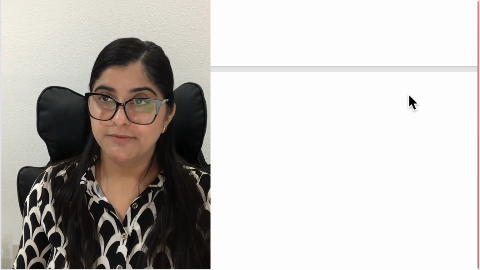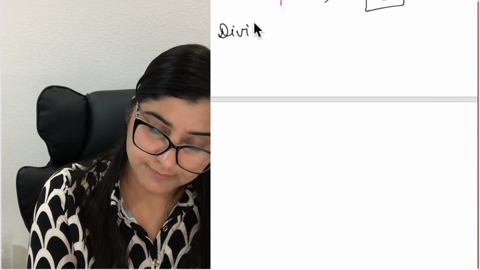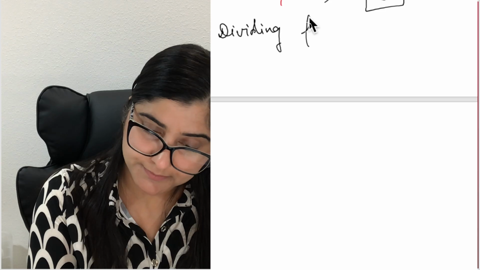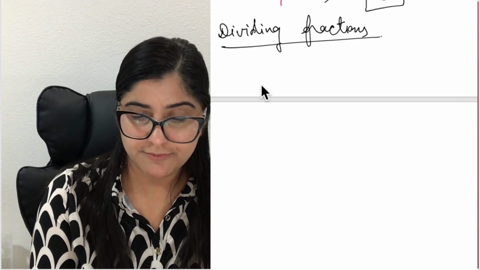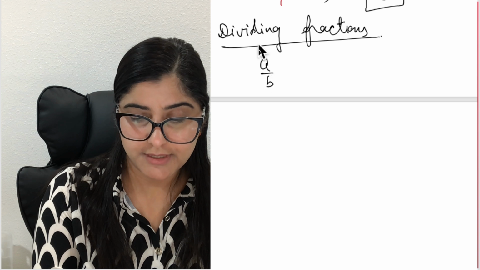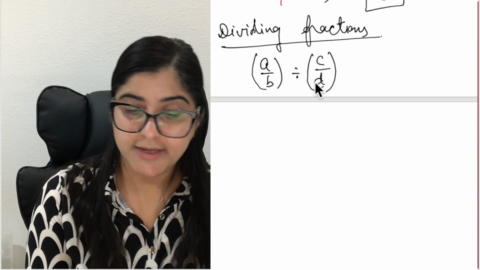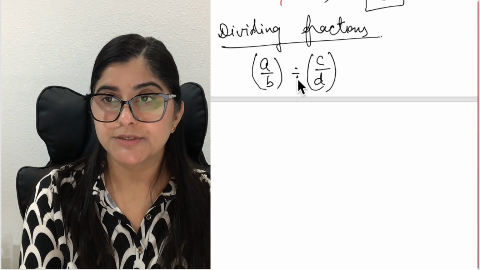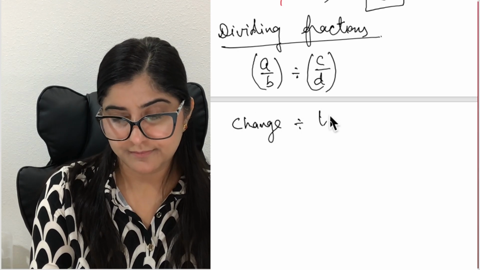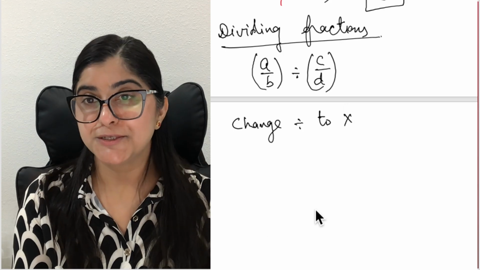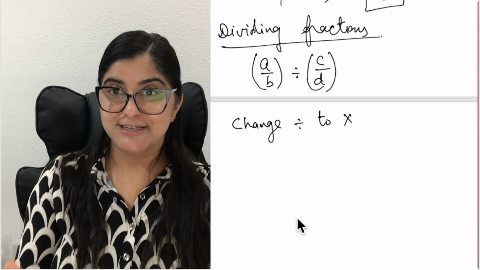Let's talk about dividing fractions. Whenever you are dividing two fractions like a over b divided by c over d, our very first step is to change the division sign to multiplication. And if you're changing division to multiplication, we have to do something else too, so that our answer is correct.